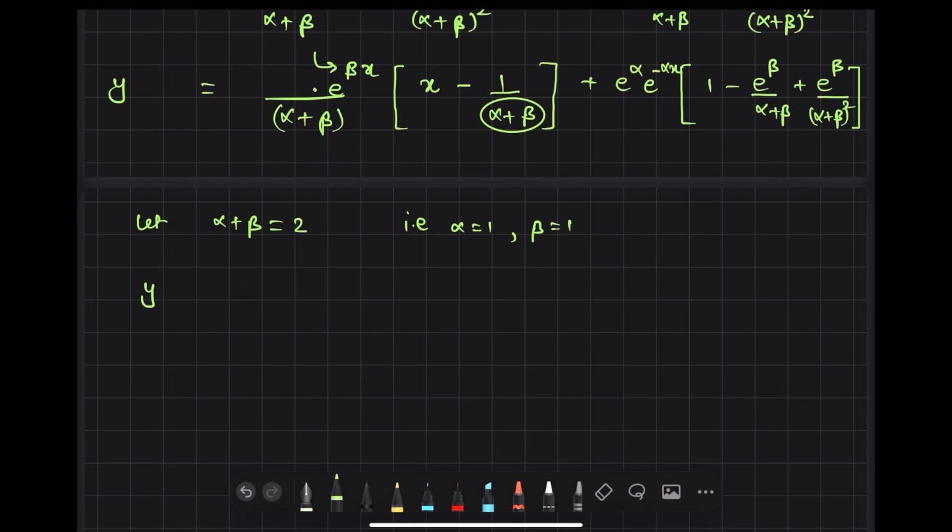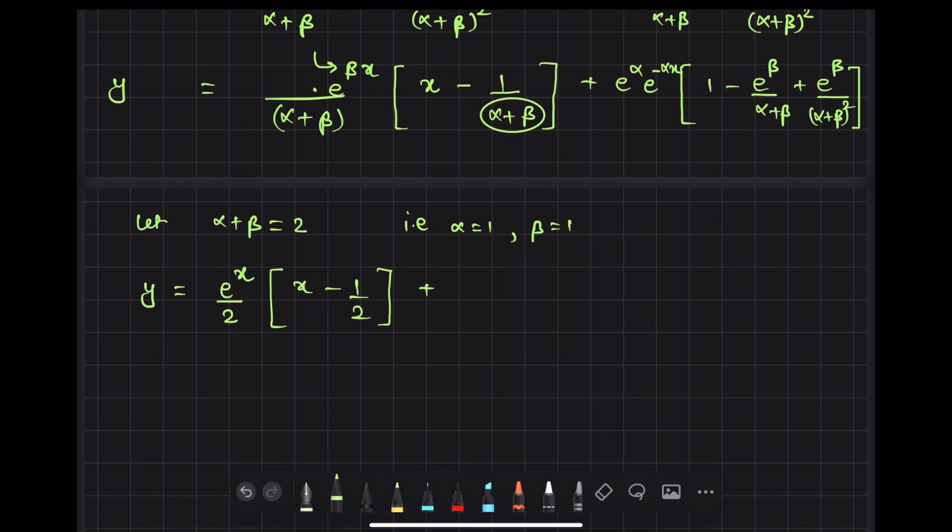So look at the final result. We will be writing e power x by 2, and then we have x minus 1 by 2, and then we have alpha is 1.